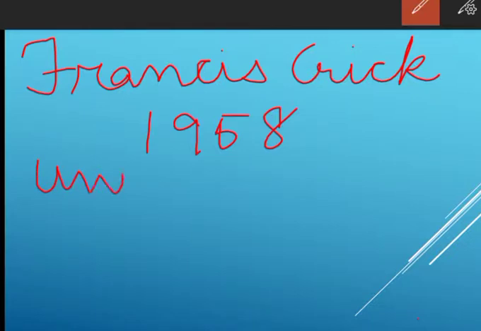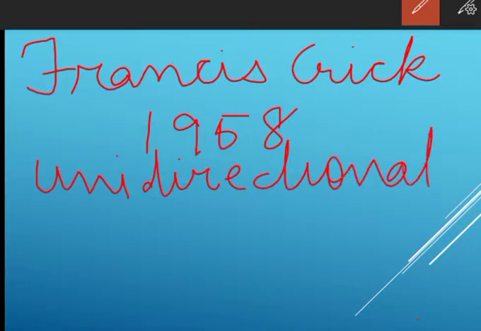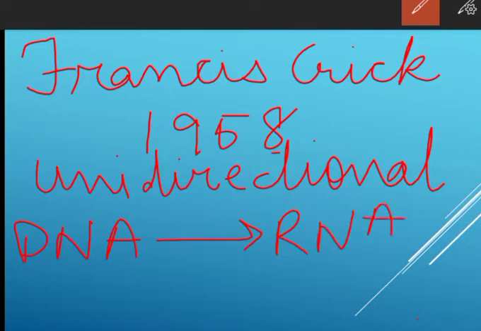Okay, the flow of genetic information is unidirectional, that is from DNA to RNA and from RNA to proteins. Okay, clear?